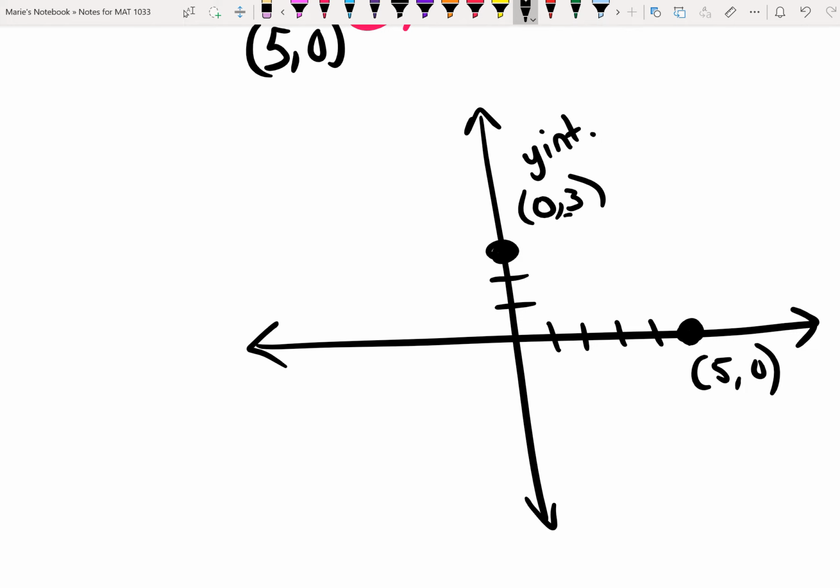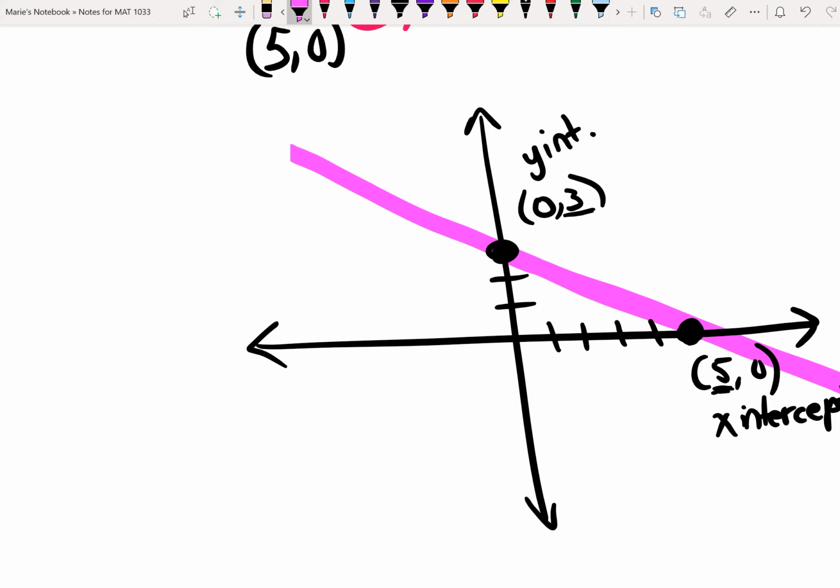The way I showed you, if you remember, is that the number is sitting on the y, so it's a y-intercept. And here, this is your x-intercept. Okay, and so now you just need to connect your dots. If you connect your dots, there you are. Alright, and there's your line. So that's example 3.